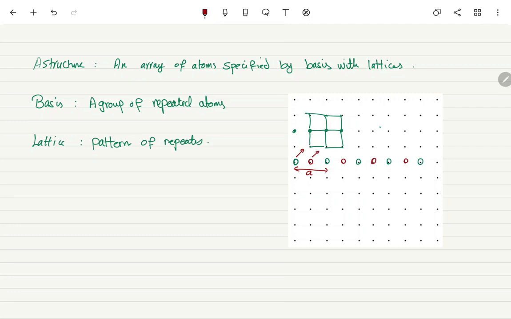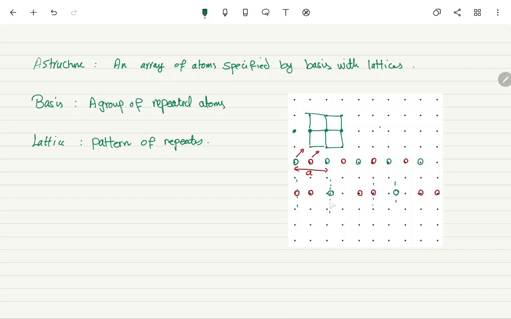Consider another one-dimensional system with a different situation, like this one here. Now, as we notice here, the structure is repeated after the green one, if we take this one here, or after this one here.